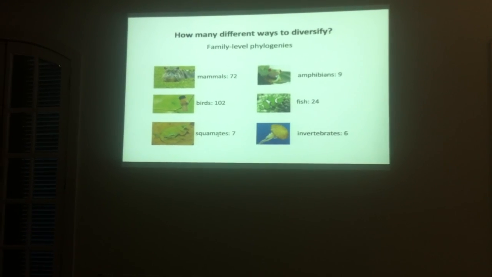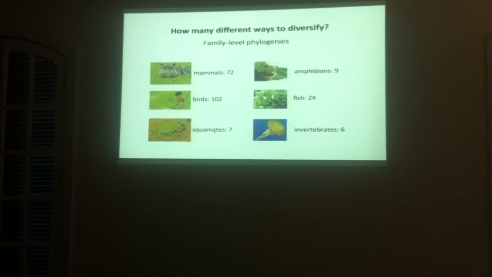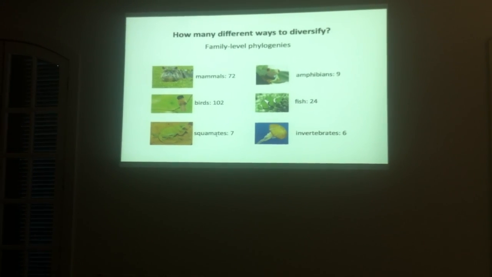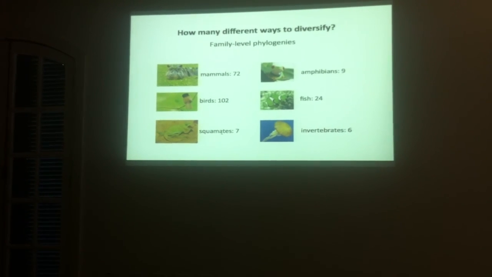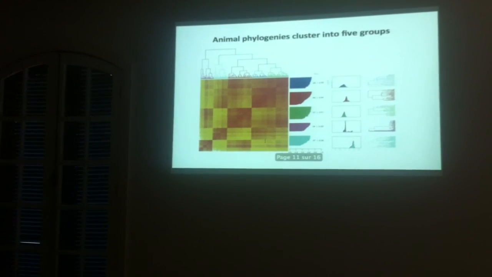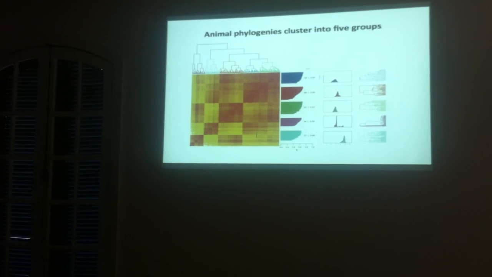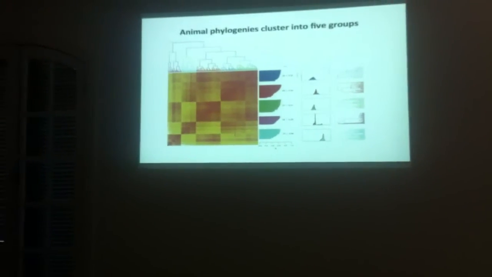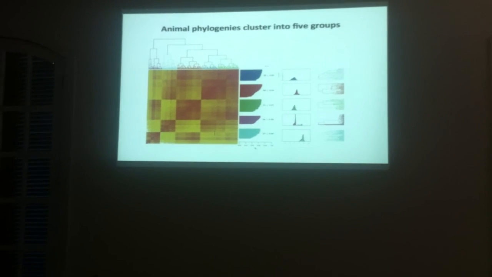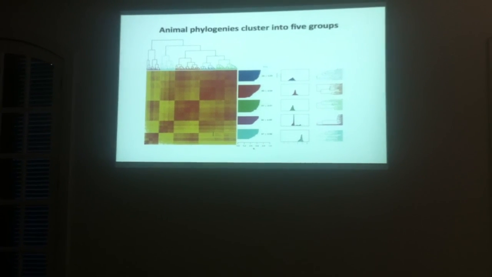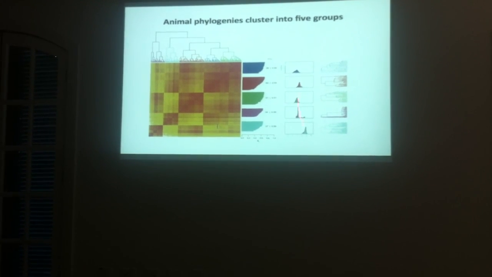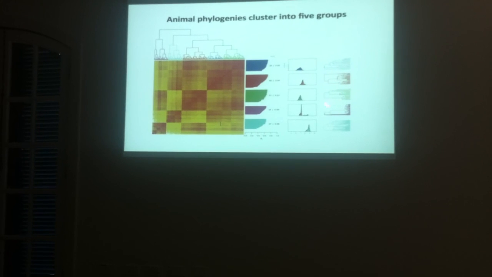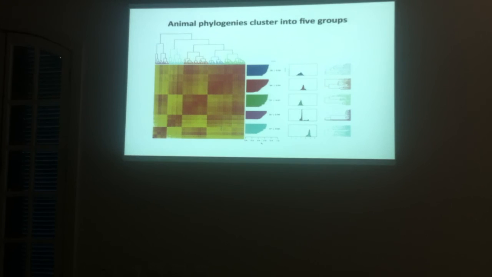What we have so far is phylogenies that we have taken from classical phylogenies available in the literature: phylogenies at the family level for mammals, birds, squamates, amphibians, fish, and some vertebrate phylogenies also. We have applied the approach, and what we see is that the phylogenies cluster in 5 main different groupings. Here they are, and here you can see more or less the shape of the phylogeny that each cluster represents. So there are 5 distinct ways to diversify that cluster across these phylogenies.